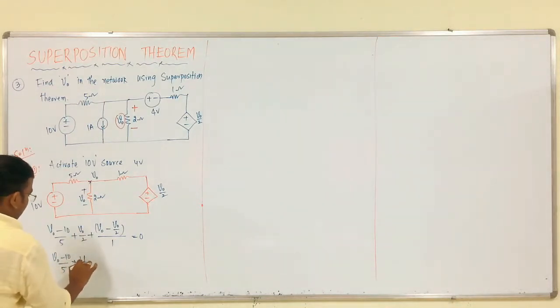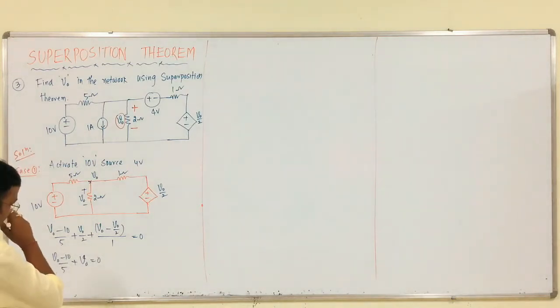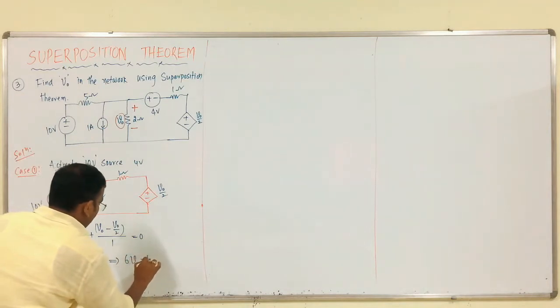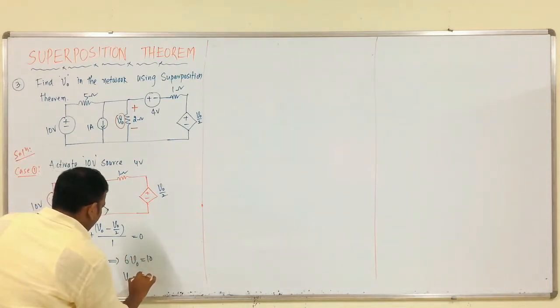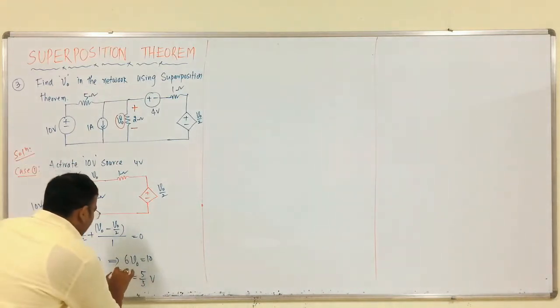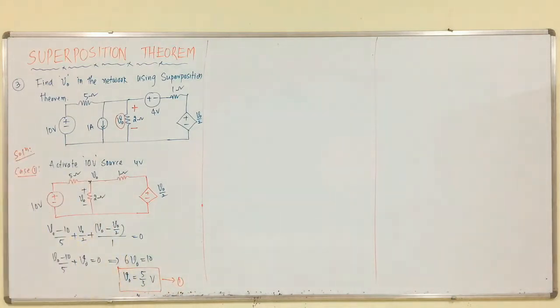Therefore, simply it is V naught equal to 0. From this, 5 V naught plus V naught minus 10, 6 V naught minus 10. Therefore, 6 V naught equals 10. So, V naught is equal to 5 by 3 volts. From this case 1 we got V naught as 5 by 3, completed.